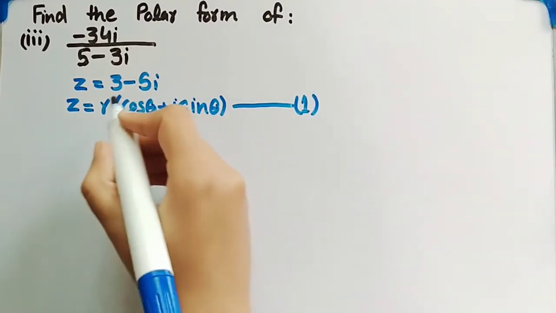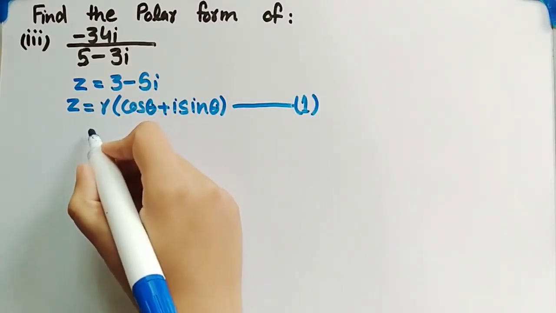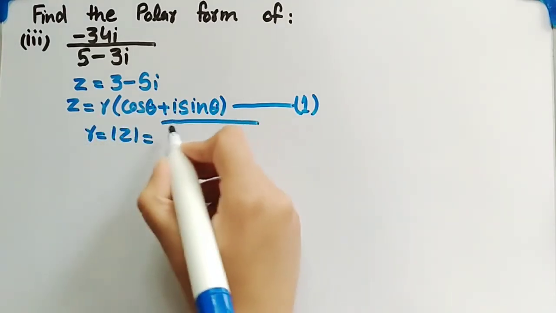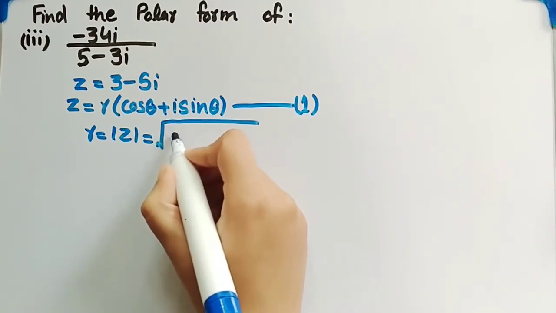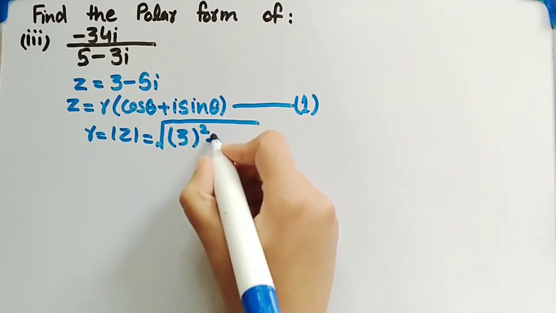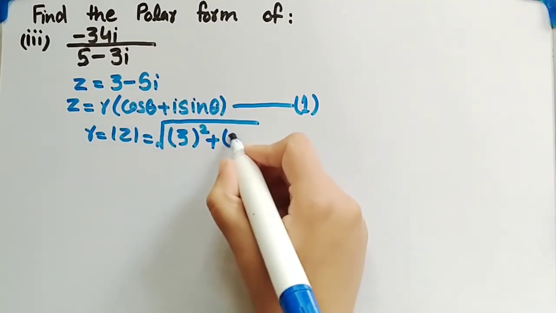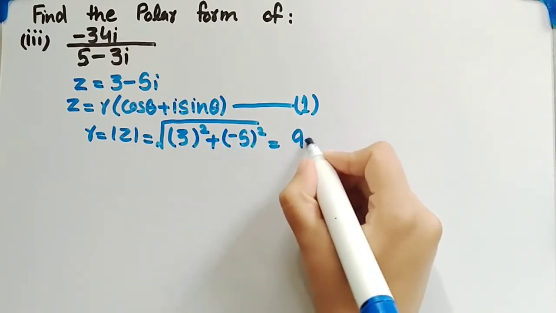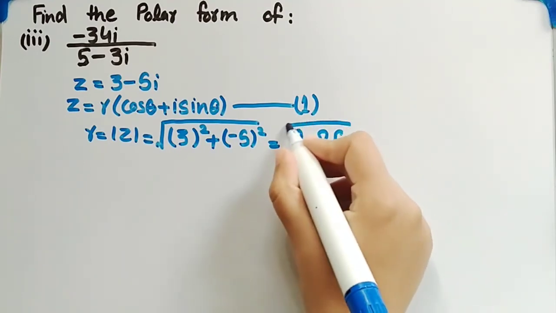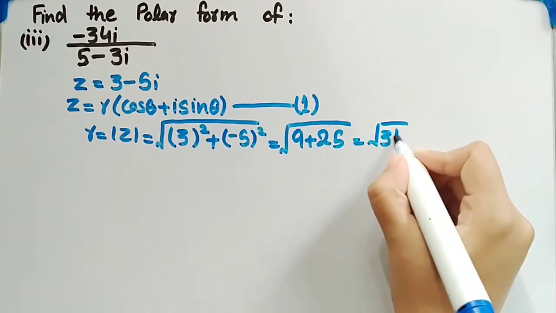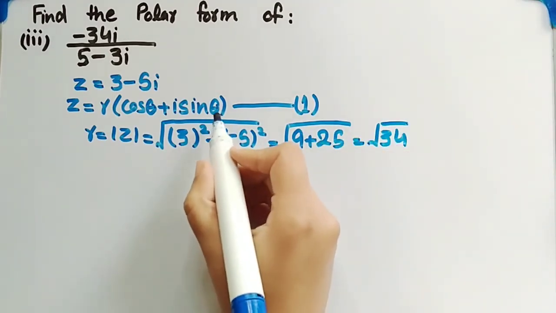Firstly, we will find the value of r, which is the modulus of z, and it is equal to square root, and under square root we will write the square of the real part of the complex number, which is 3, plus square of the imaginary part of complex number, which is minus 5, and it is equal to square root of 9 plus 25, which is equal to square root 34.